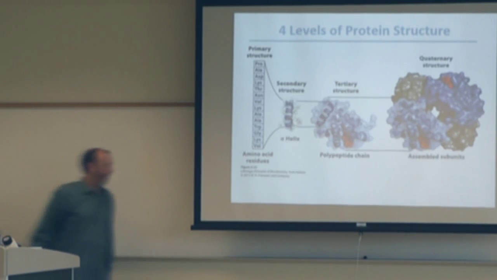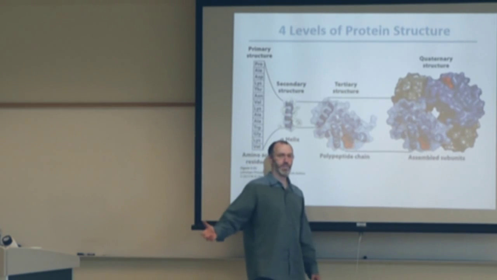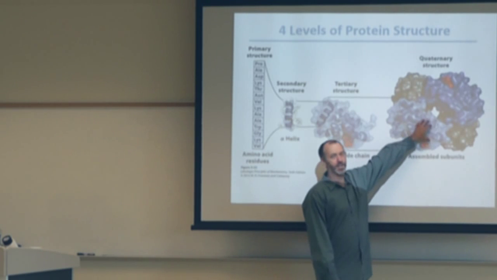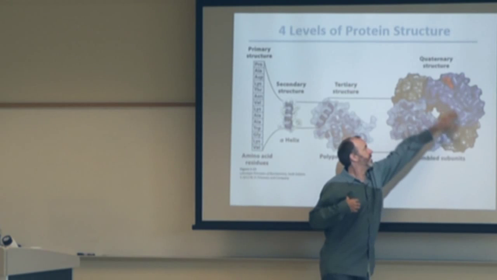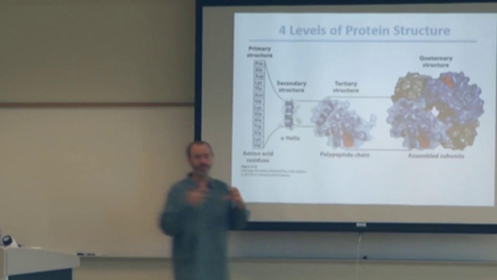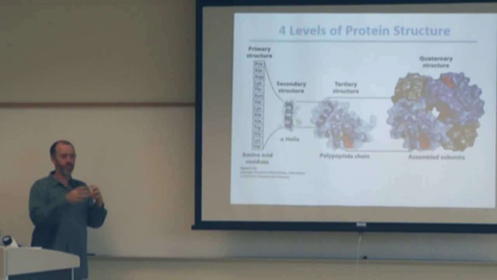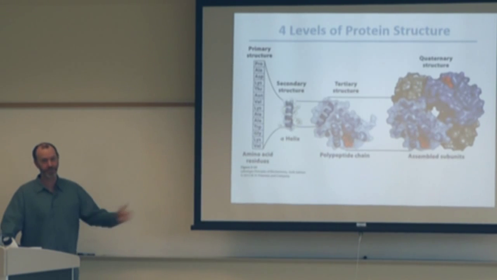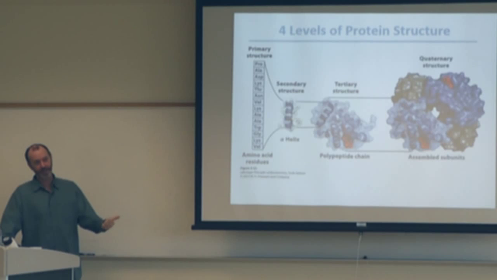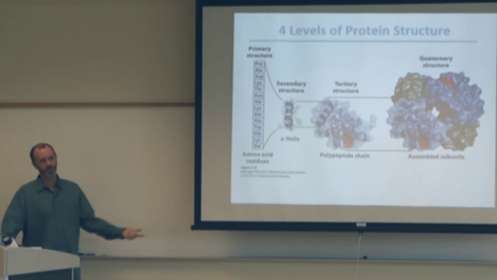The way it's able to release oxygen in the periphery and gain as much oxygen as possible in the lungs has to do with having four different pieces together. It works together and changes its affinity for oxygen depending on the pH.